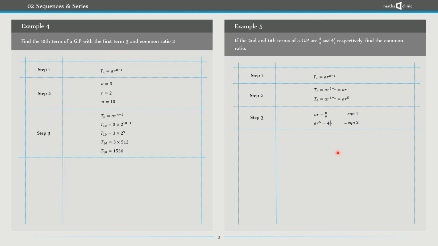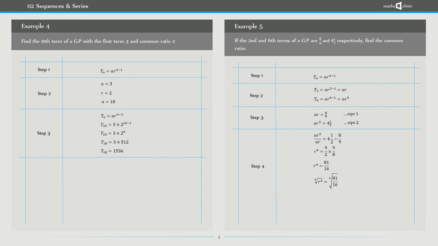So we have equation 2 divided by equation 1, i.e. ar to the power of 5 divided by ar equals 4.5 divided by 8 over 9. When you solve that out, a cancels a, and r to the power of 5 divided by r gives r to the power of 4. This equals 4 1/2 divided by 8/9, which gives 9/2 multiplied by 9/8.